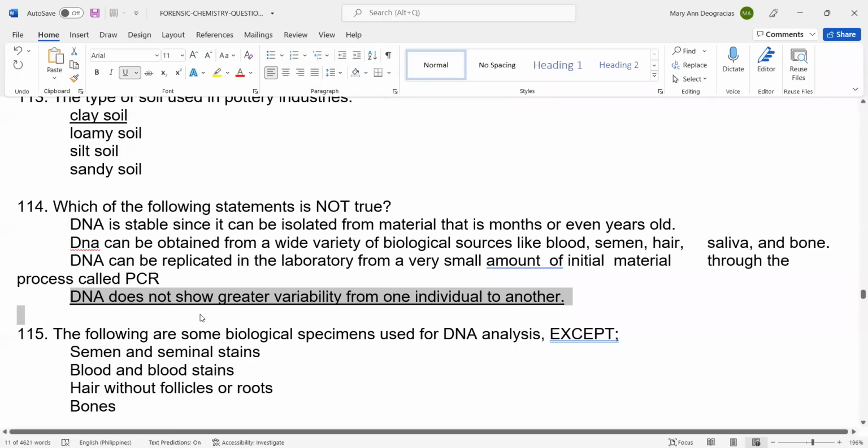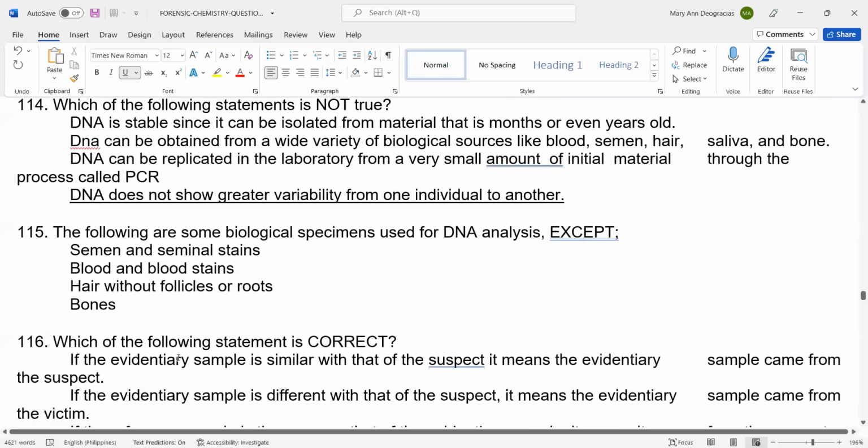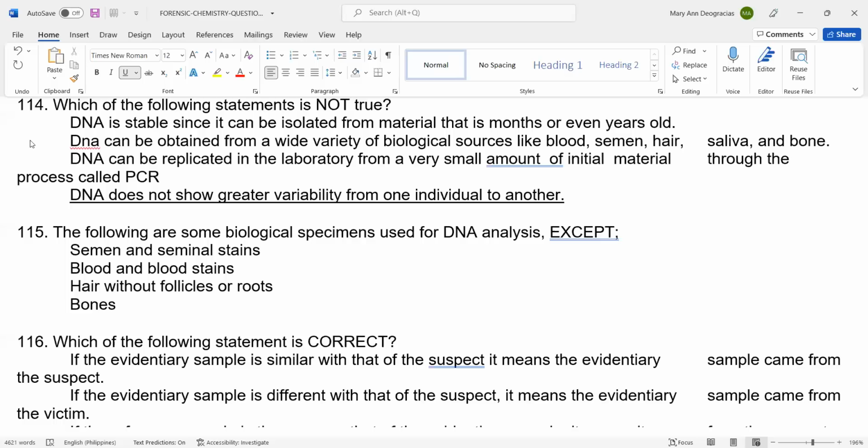115, which is the incorrect here. The following are some biological specimens used for DNA analysis except, ano sagot dito? Okay, lahat po sila tama. Merong hindi tama dyan. Alam nyo kung ano hindi tama dyan?